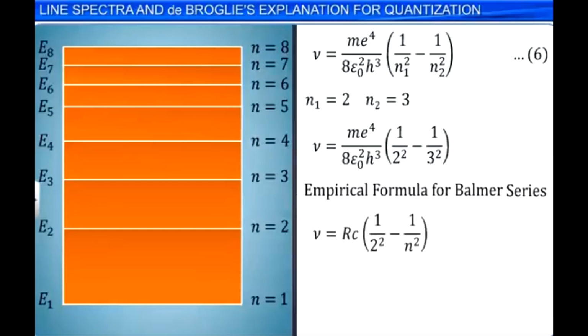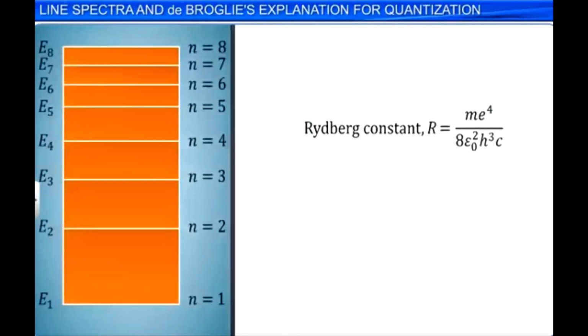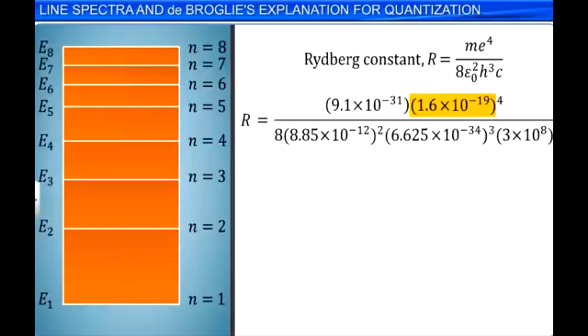Hence, we see that the value of R, or the Rydberg's constant, is equal to m e to the power 4 by 8 epsilon naught square h cube c. Substituting the values of the mass of the electron m, charge on the electron e, permittivity of free space epsilon naught, Planck's constant h, and speed of light c, we get R is equal to 1.03 into 10 to the power 7 per meter.